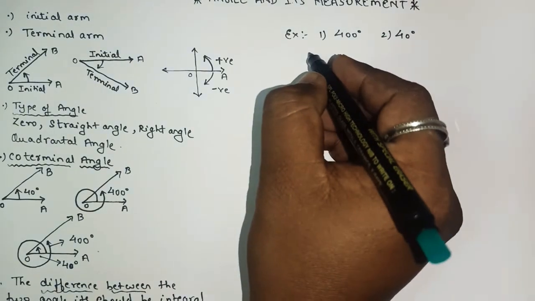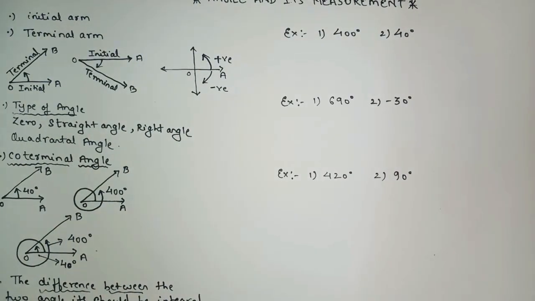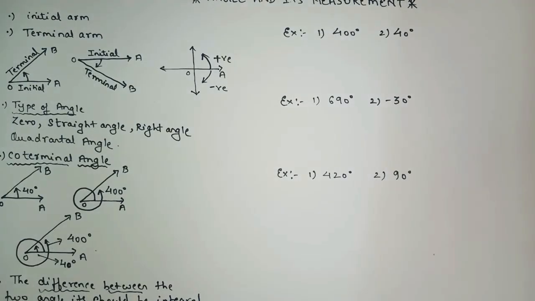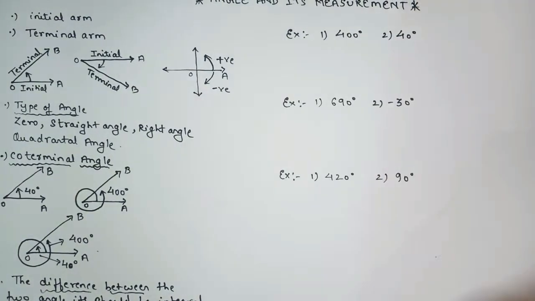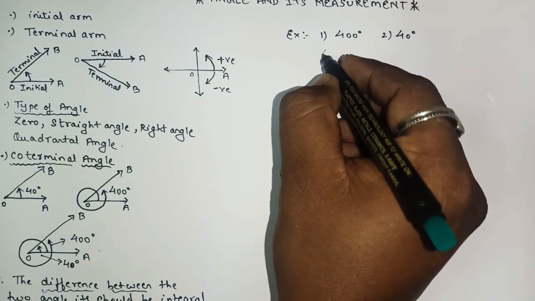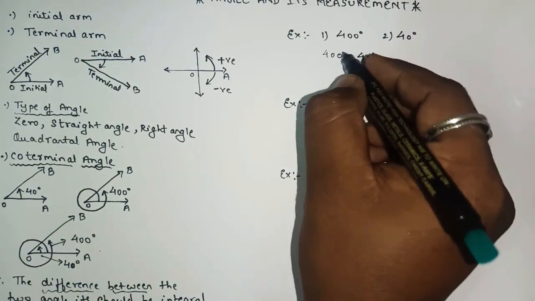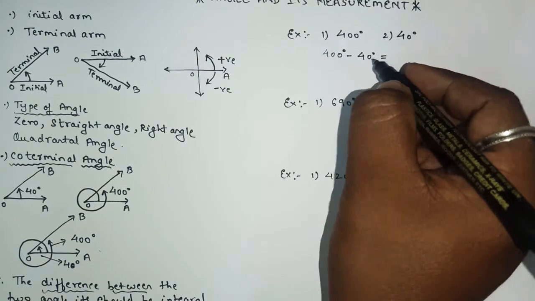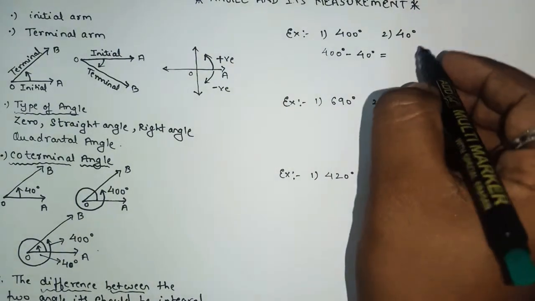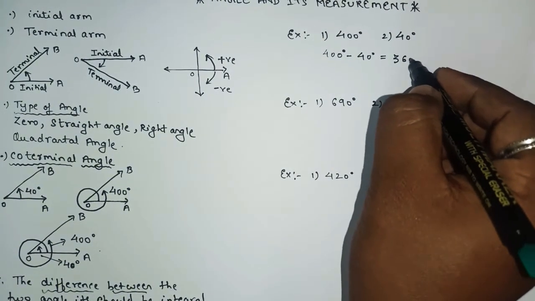So first we'll see the difference between these two angles. Suppose you find the difference between these two angles, 400 minus 40. So here 400 minus 40 is 360, yes or no?